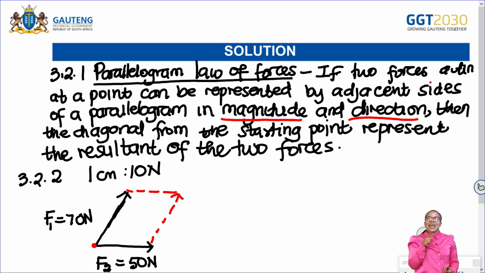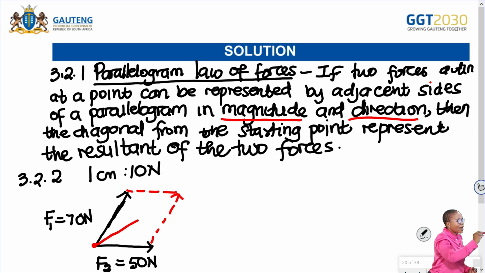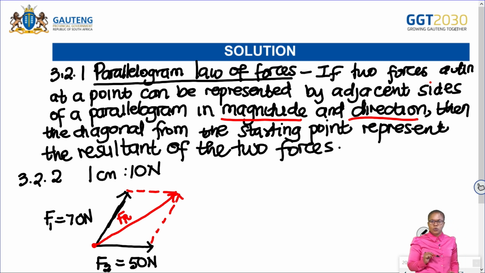The diagonal from the starting point therefore represents the resultant of the two forces. Then we take our ruler and we draw a diagonal straight from the starting point right over to where we've completed our parallelogram. So in the law of the parallelogram, this represents our resultant force of both F1 and F2.